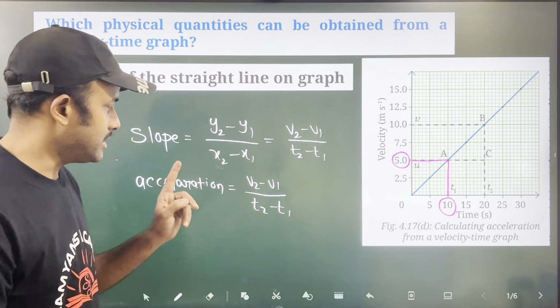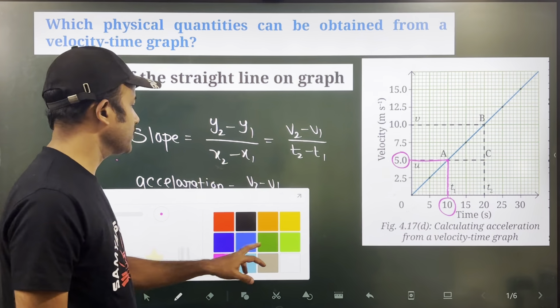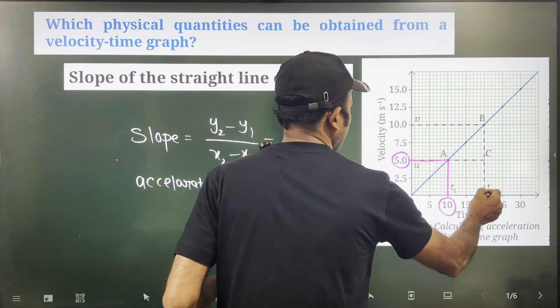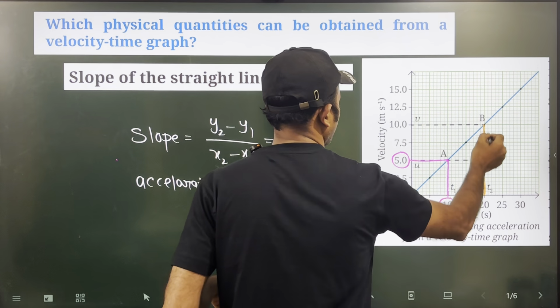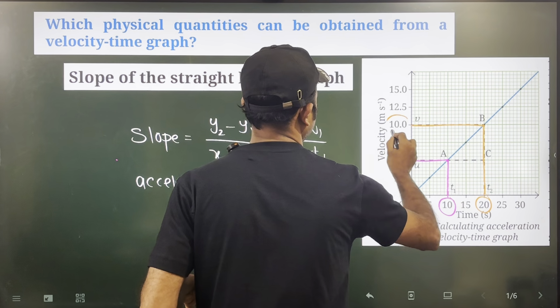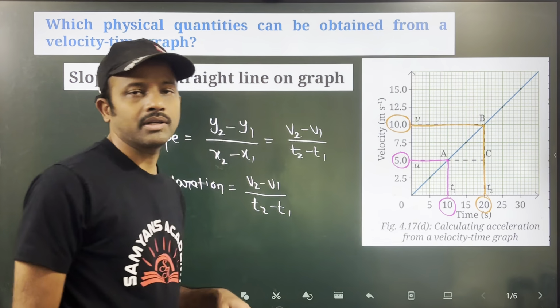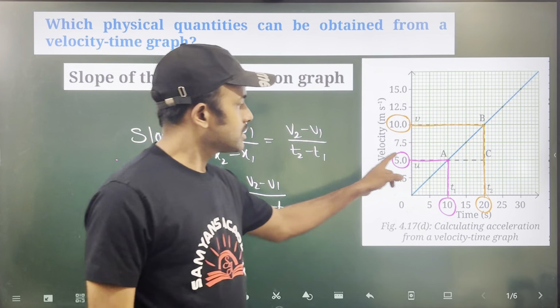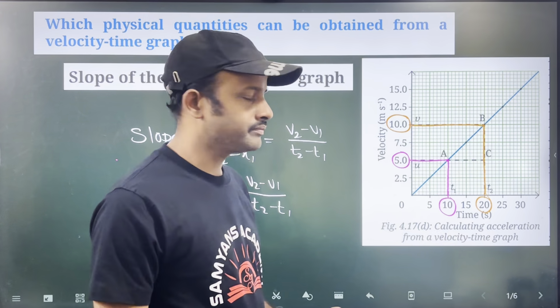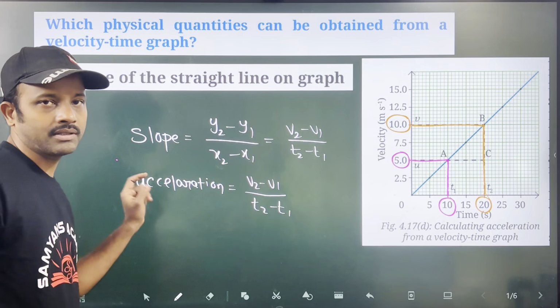Let us take that as the initial velocity. Now consider the time t2, which is 20 seconds. At 20 seconds, the velocity of the object increases to 10 meter per second. You consider these two values and find the slope of the graph, which gives you acceleration.